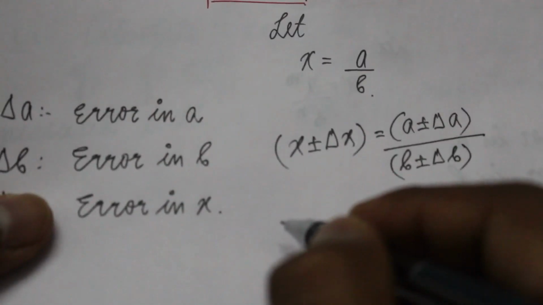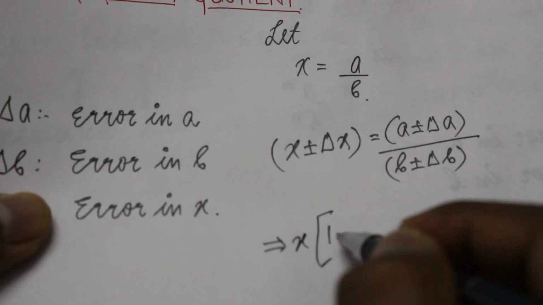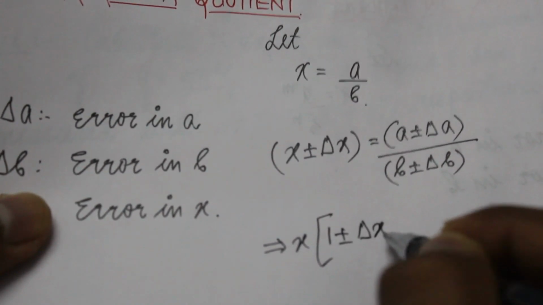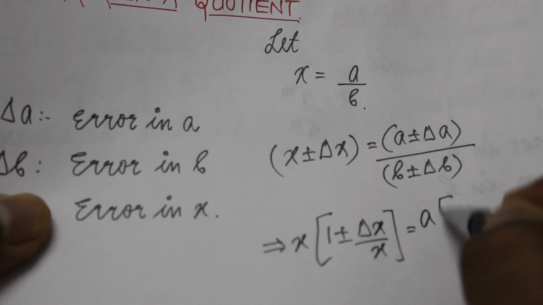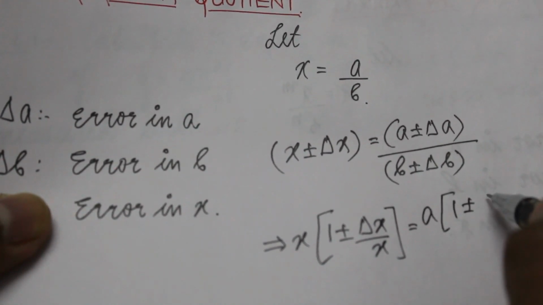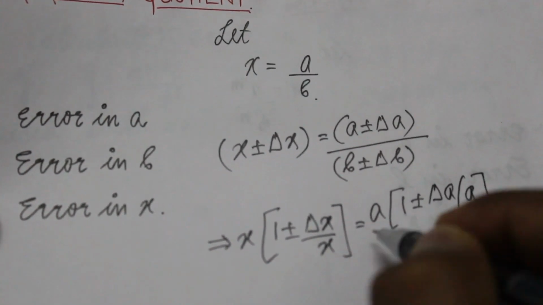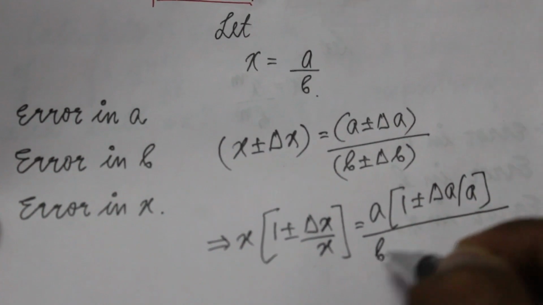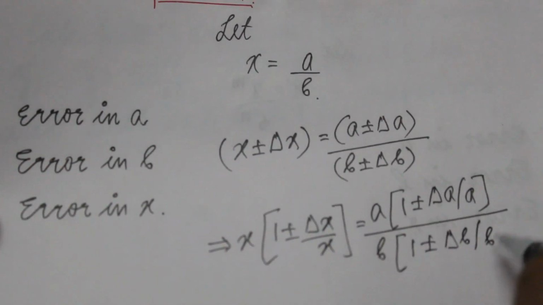If I take x common, I get x in the bracket 1 plus minus delta x upon x. If I take a common, 1 plus minus delta a upon a, upon b, 1 plus minus delta b upon b.